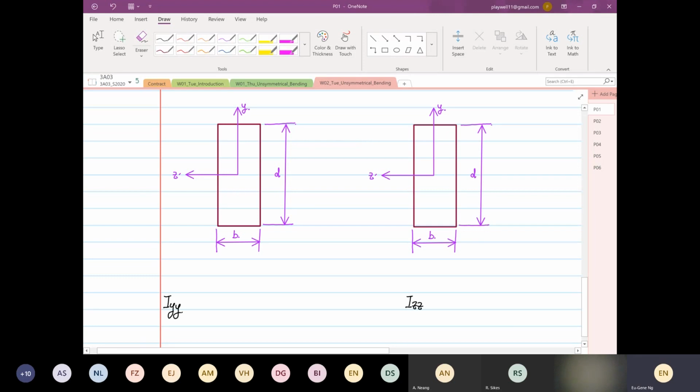Can anyone tell me what is the IYY, please? What's the formula? Is this equal to BD cubed over 12, or is this going to be DB cubed over 12? Anyone?